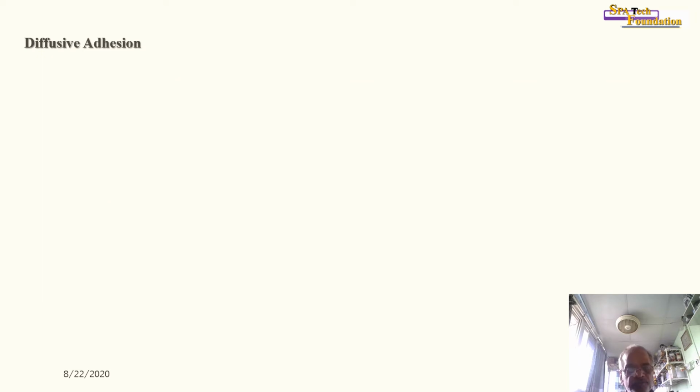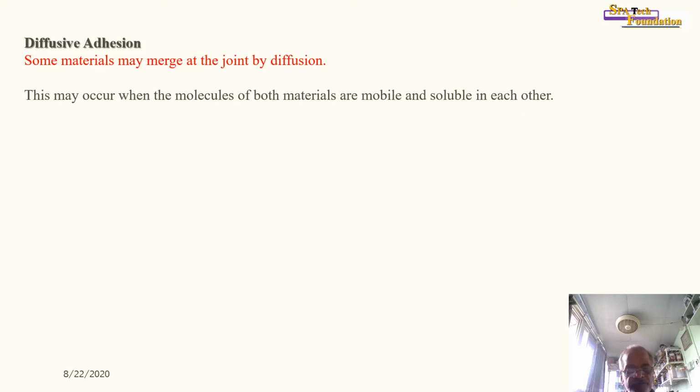Diffusion adhesion. Some materials may merge at the joint by diffusion. This may occur when the molecules of both materials are mobile and soluble in each other.